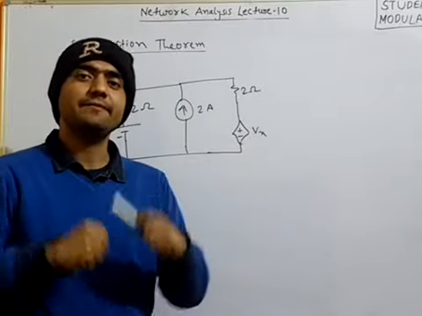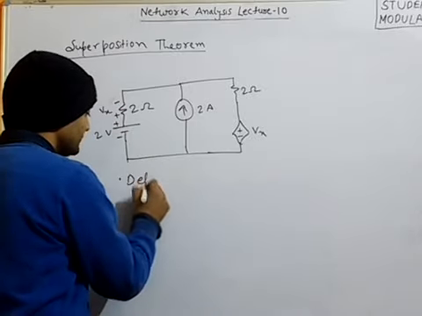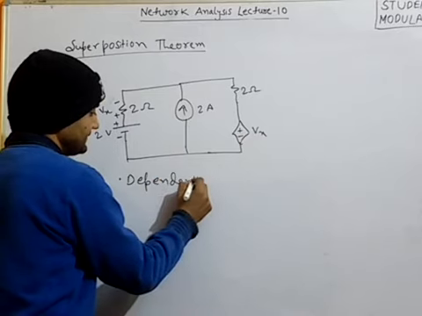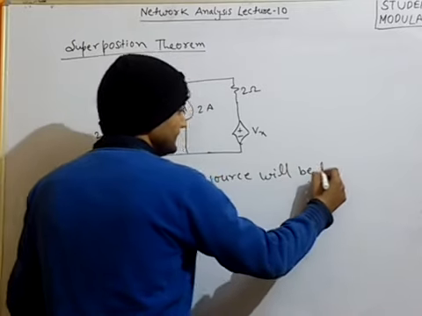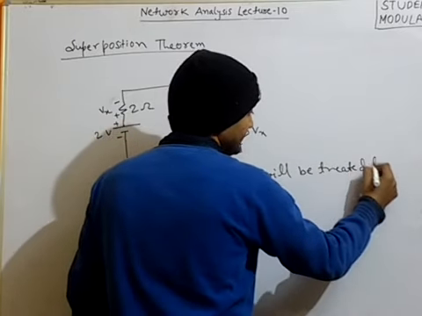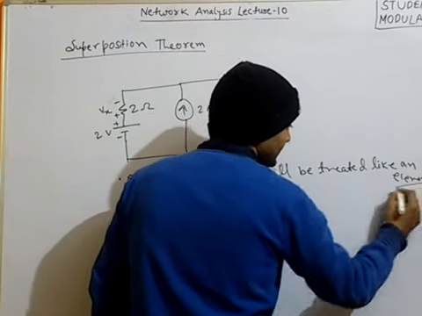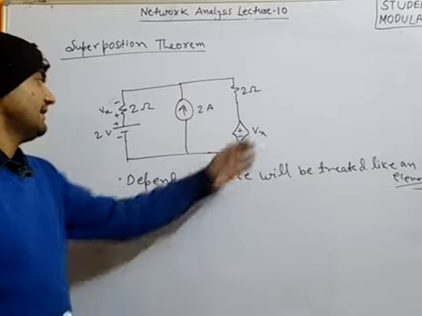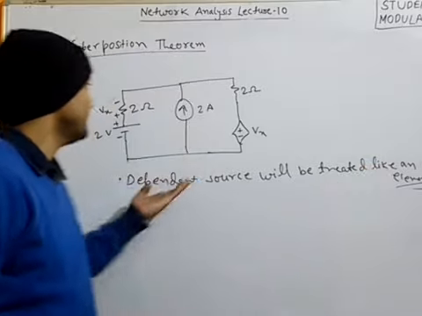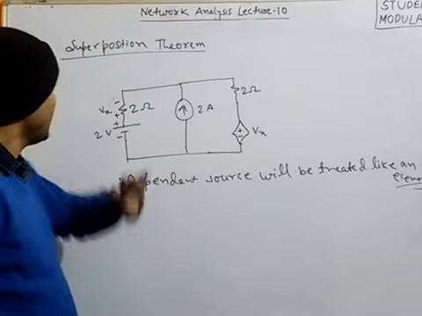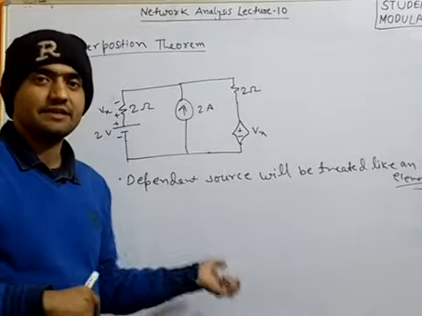The dependent source will be included in the circuit and treated like an element. So there will be no special treatment for this dependent source. Instead we will treat it like an element, and we will solve the entire circuit with the methodology that we studied in the last question.